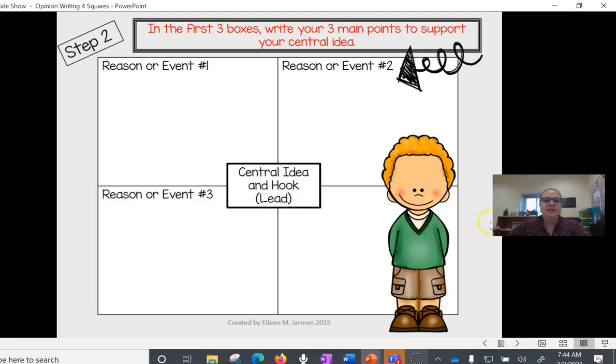Your next step is to fill out the first three boxes. These are the reasons that support your opinion. These are the things that you're going to state to try to convince your reader of your opinion. Those are boxes 1, 2, and 3.